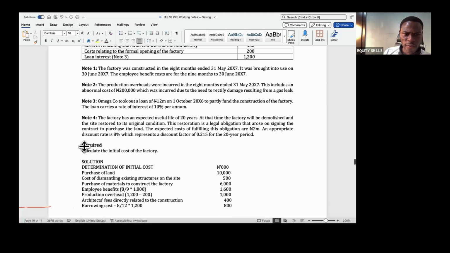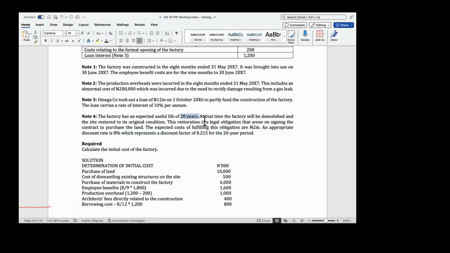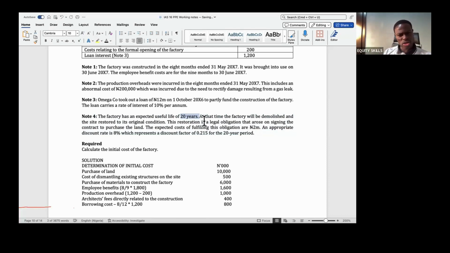And there's a note 4. They said the factory has an expected life of 20 years. At that time, the factory will be demolished and the site restored to its original condition. This restoration is a legal obligation that arose on signing the contract to purchase the land. The expected cost of fulfilling this obligation is 2 million.